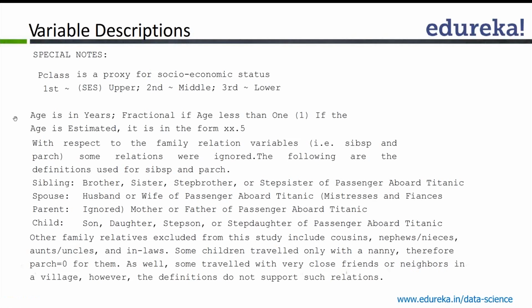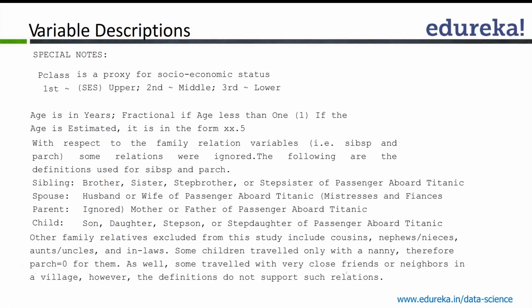So there's some more information about individual variables. P-class, passenger class, is a proxy for socio-economic status of that particular passenger. First means upper class, second means middle class, third means lower class. Age is specified in years.